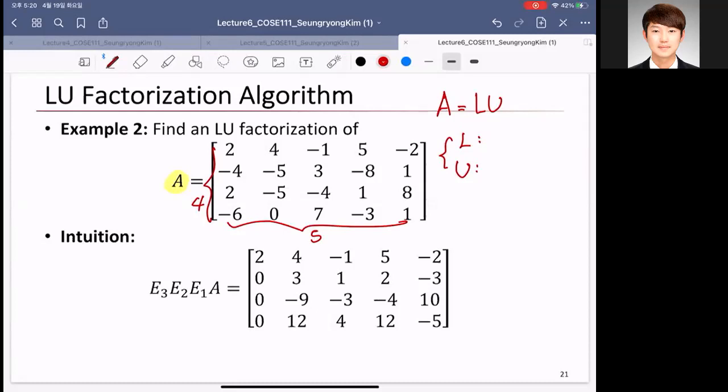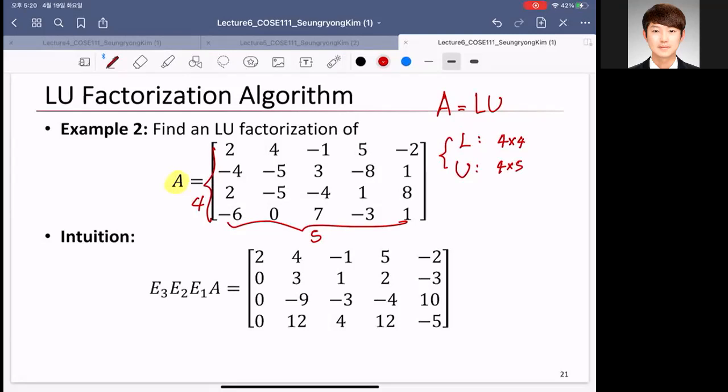L is square, 4 by 4. U is a 4 by 5 matrix. Right. Then let's find L and U.